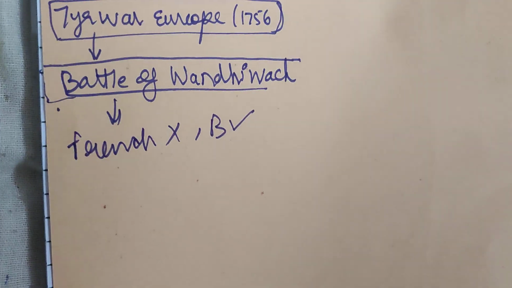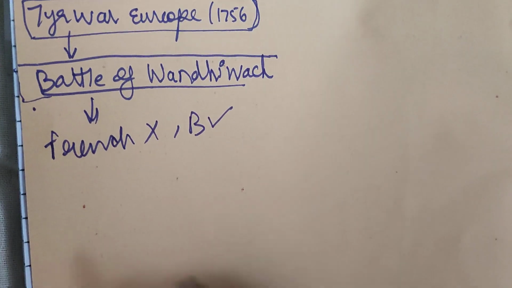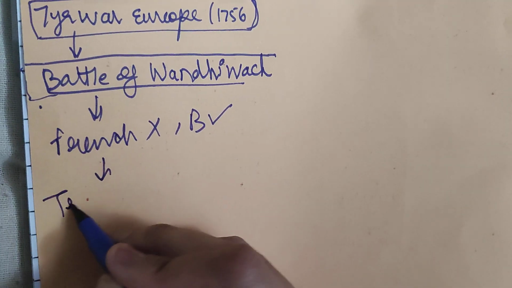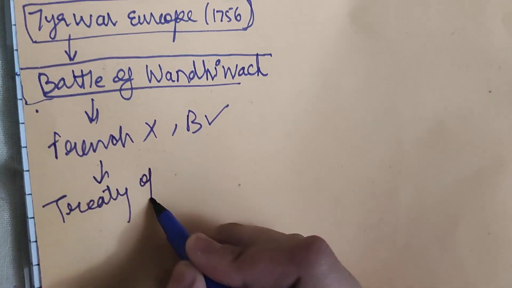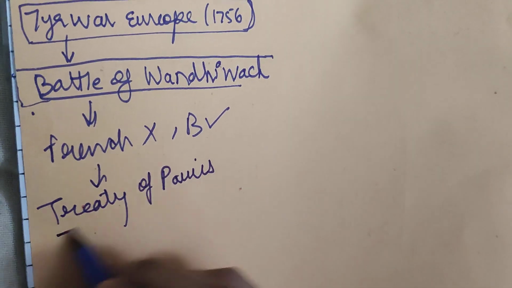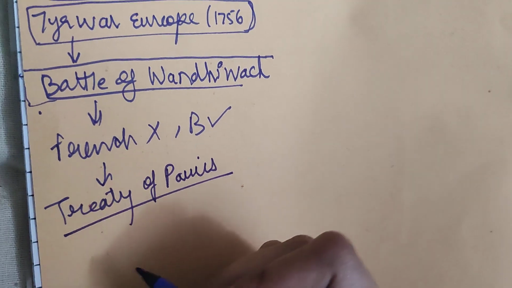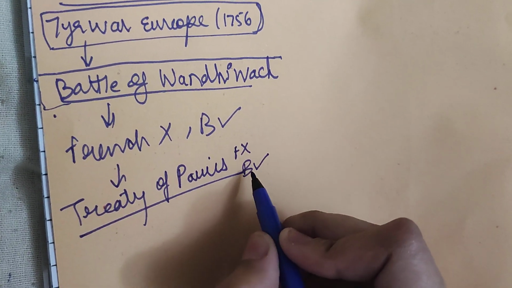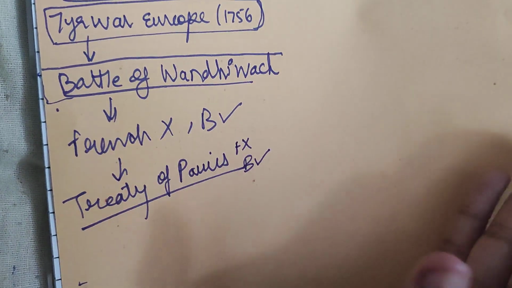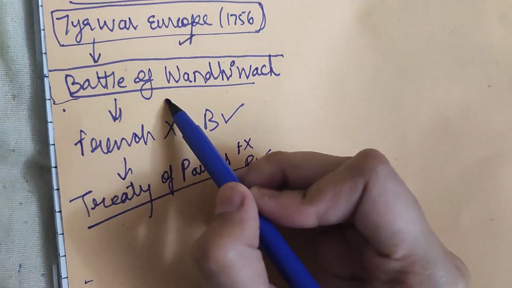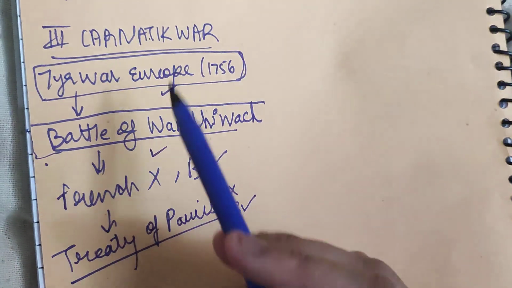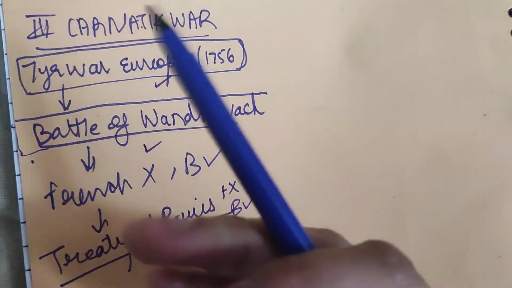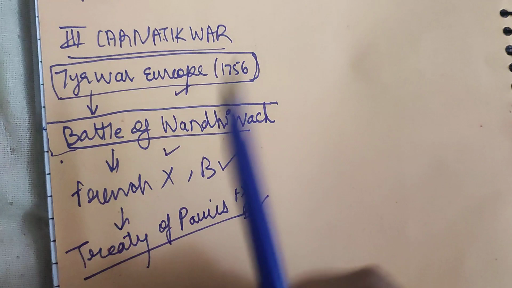There was this very infamous treaty, called the Treaty of Paris, which was signed, and the French left, and the war ended. Both the Seven Years' War as well as the Battle of Wandiwash, the Carnatic War, ended.